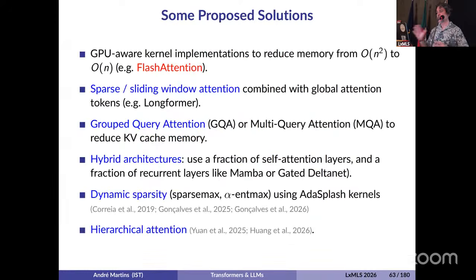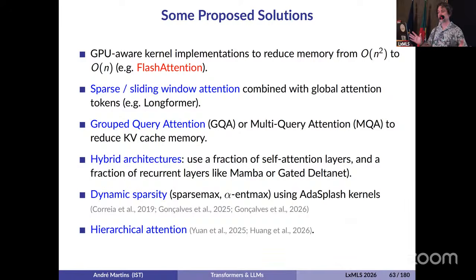So I'm highlighting some of the proposed solutions that have been considered, some more successful than others. One is flash attention. Flash attention has been a big success. It's not a very creative solution, maybe, it's not modifying anything in the attention. It's basically focusing on how to make the computation efficient by exploiting the hardware properties of GPUs.